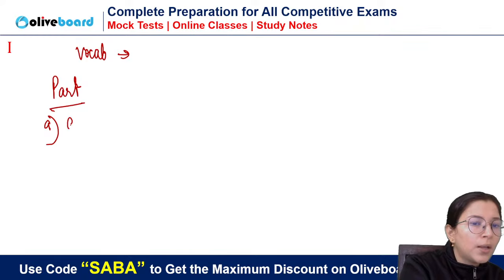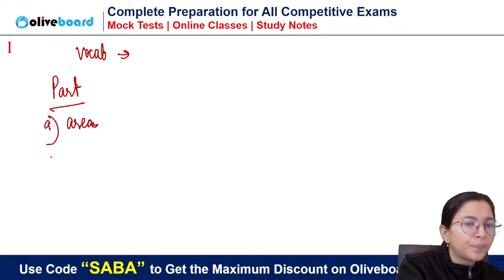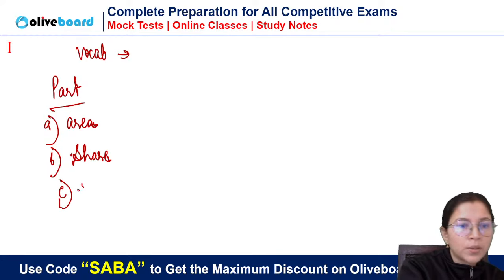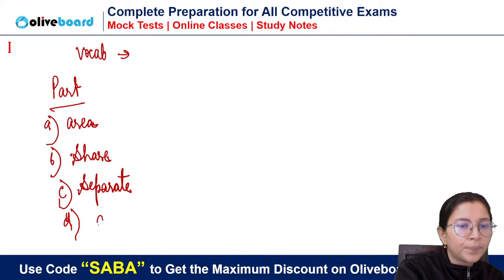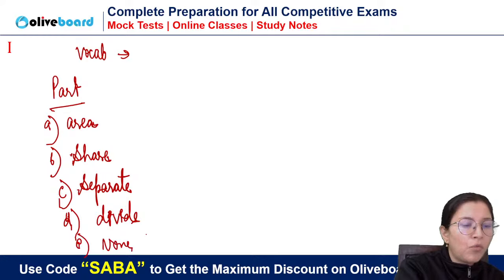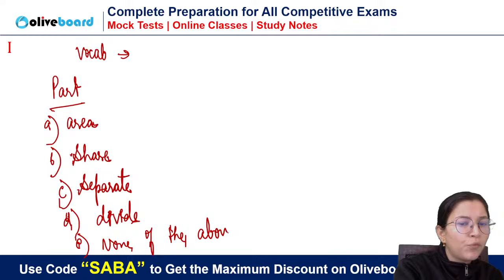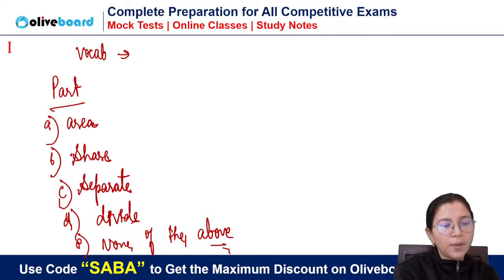The options: the answer is area, then you have the word share, third word is separate, fourth word is divide, and fifth is none of the above. What will be the meaning of the word part? Very simple word. This question came in the exam.